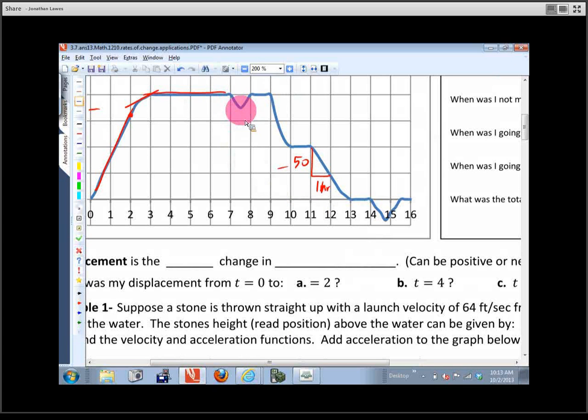Did I come to a point and immediately change direction, or did it kind of level off for just a second? Even if I get off an off-ramp and make a U-turn and get back on the freeway going the other direction, aren't I going to have to stop just for an instant? At least my north-south motion is going to stop just for an instant, because I'm heading south, and then I'm going to turn around.